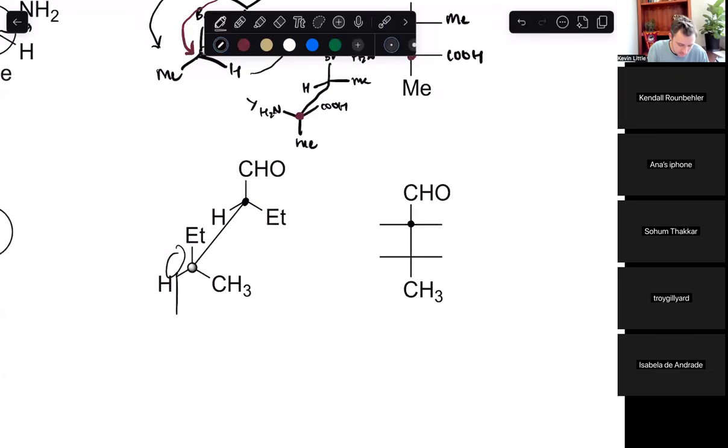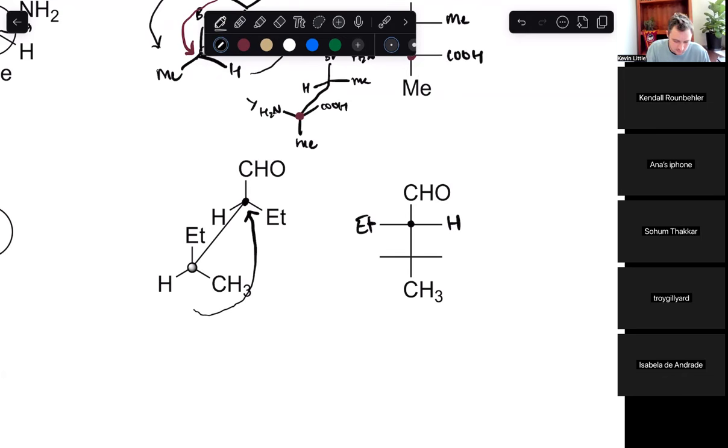So I'm standing at the front of this molecule. I'm not standing in the back. So I'm going to look at it kind of like this from underneath the molecule to get this top carbon. That puts ethyl on my left and hydrogen on my right. If I do that.